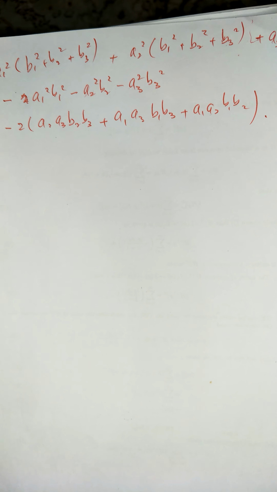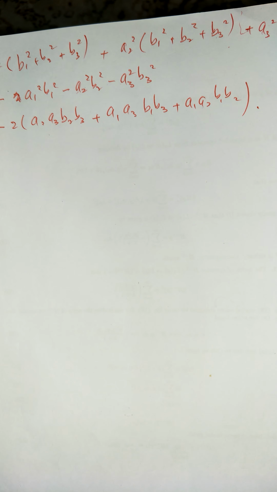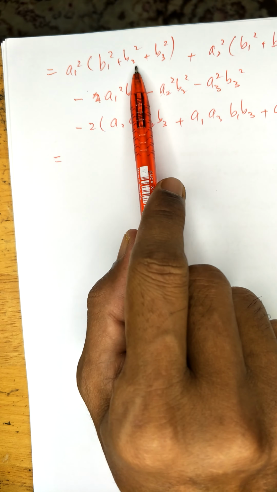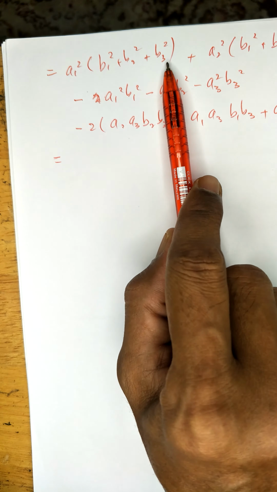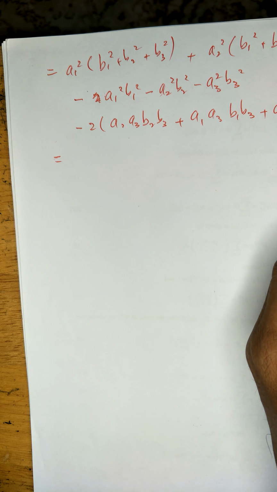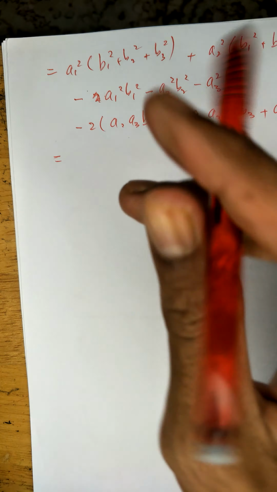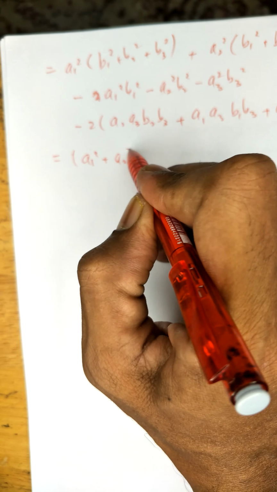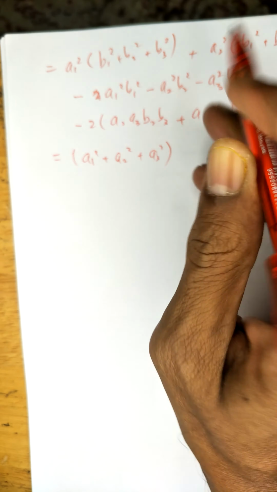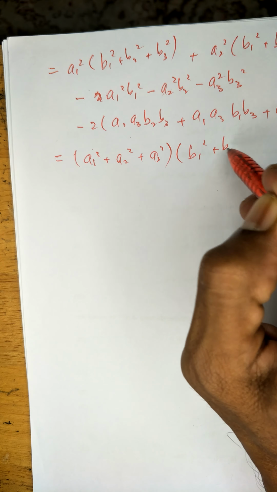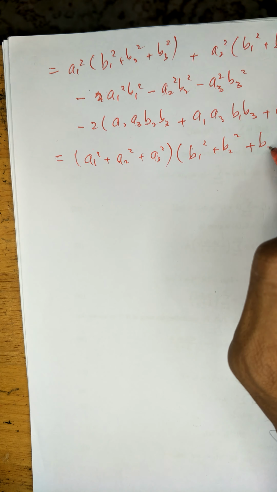Okay, then you can rearrange this. Just play around with the algebra here. So this is equal to, here you can factor out b1 squared, b2 squared, b3 squared, and put a1 squared, a2 squared, a3 squared together. So we have a1 squared plus a2 squared plus a3 squared times b1 squared plus b2 squared plus b3 squared.